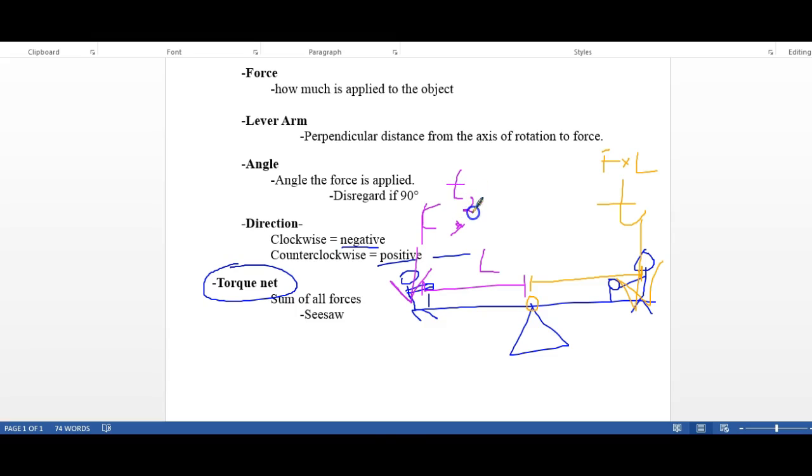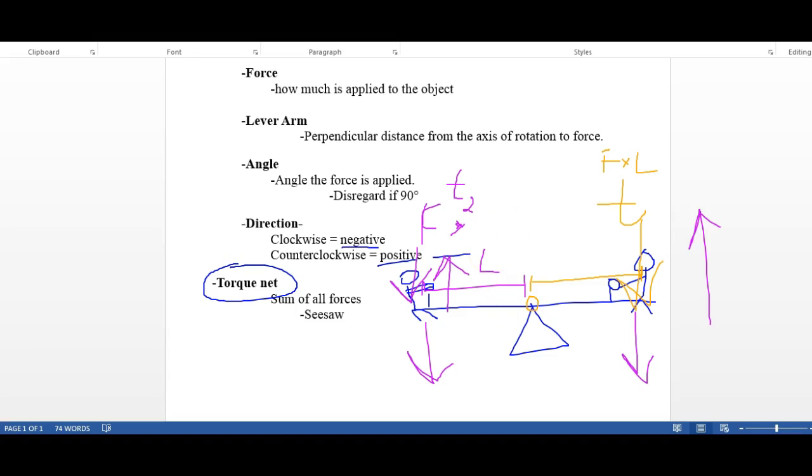And then whatever happens here, this torque compared to this torque, determines what this thing does. So if this torque is greater, this will continue to go down and this one will be forced up. If this torque is greater, this one will go down, and this one will go up. That's how you get a propeller to work, or any object that spins around a central axis, by applying forces to it.